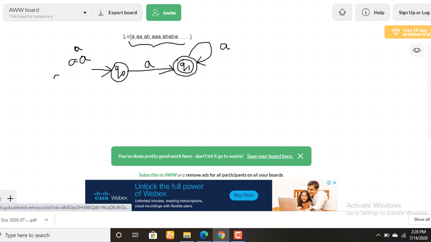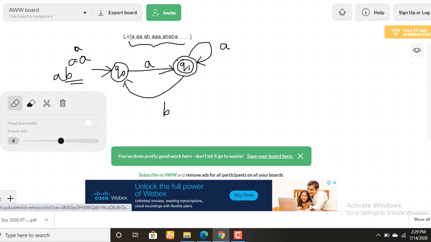What about AB? What about B? If B is joined with a loop coming like this, then definitely this is wrong. For AB, your automata doesn't go to the final state, so this is actually wrong; you won't do this.